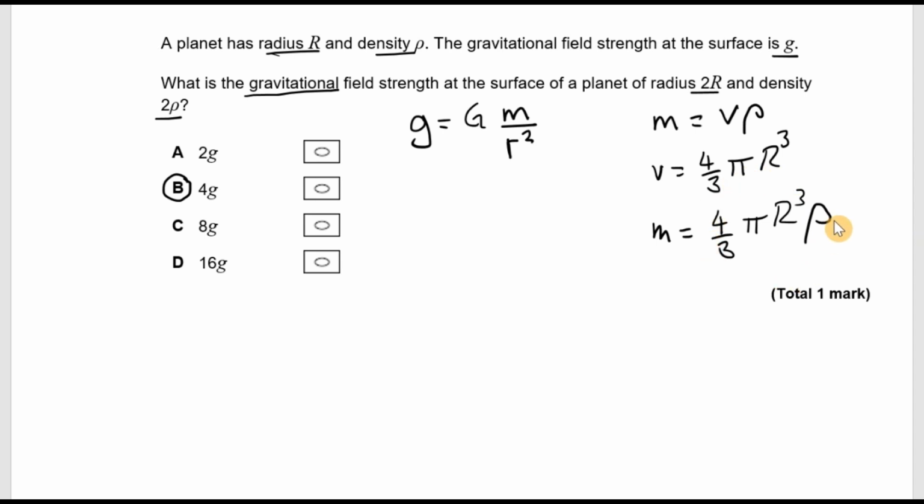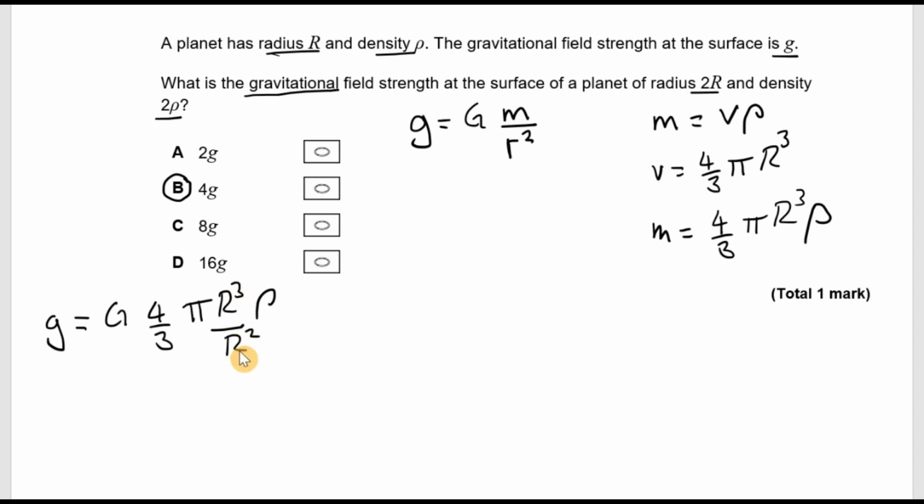So I can substitute this for m into this first equation, and I'm going to get the gravitational field strength on this first planet is equal to the gravitational constant multiplied by 4/3 pi r cubed ρ all over r squared.